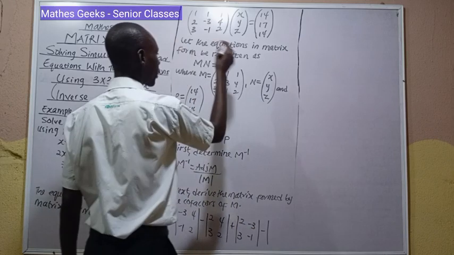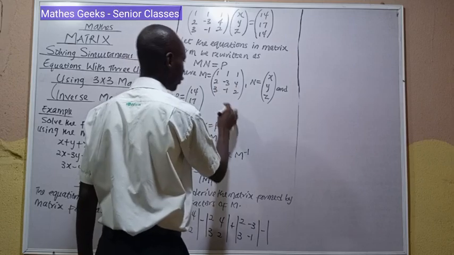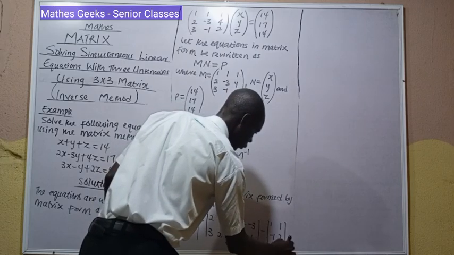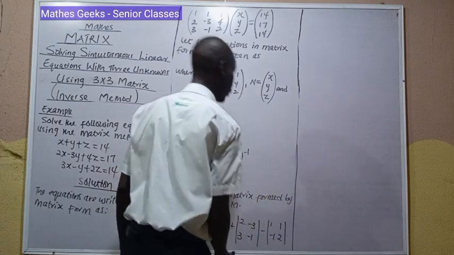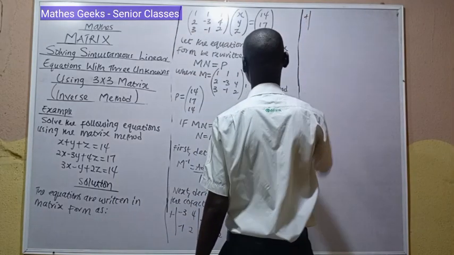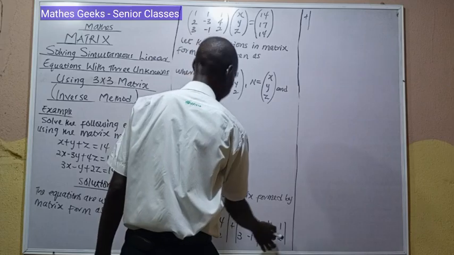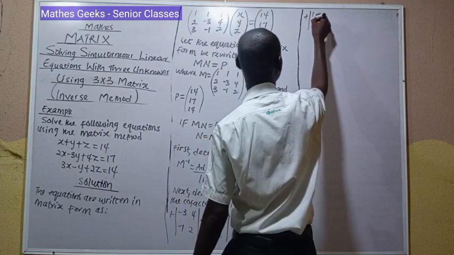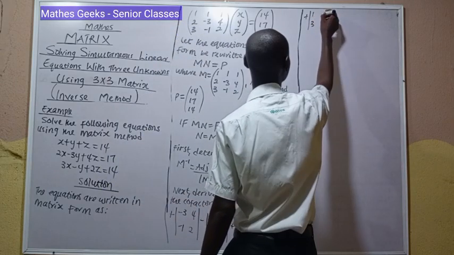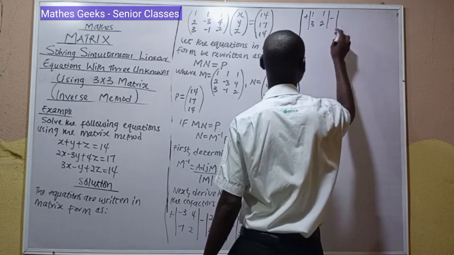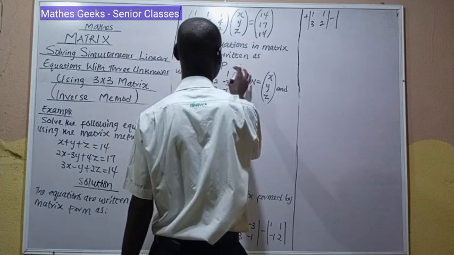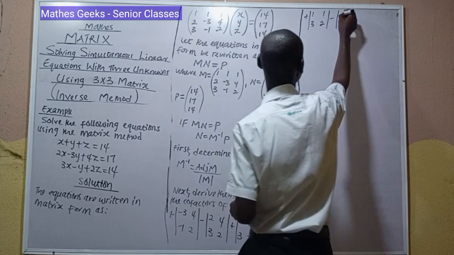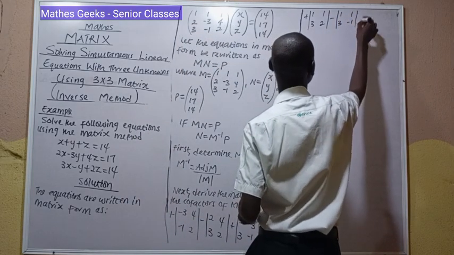Minus, second row, first column, 1, minus 1, 1, 2. Plus, second row, second column, 1, 2, 3, 4. Minus, second row, third column, 1, 2, 1, minus 1.